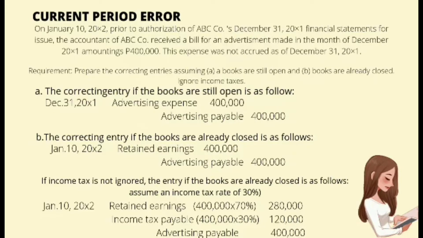This expense was not accrued as of December 31, 20x1. So the requirement would be prepare the correcting entries assuming the books are still open and books are already closed. So the first requirement is to assume that the books are still open.